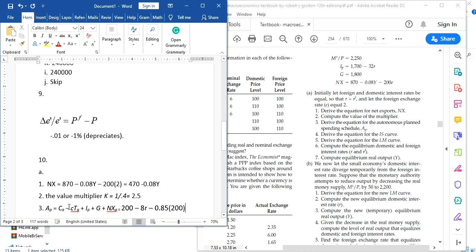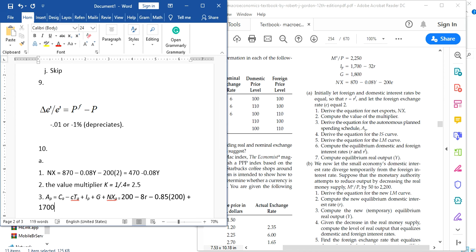We just convert the equation to numbers. Plus 1700 minus 32R plus 1800 plus 470, which equals, by deducting the negatives from the positives and combining all of them, 4000 minus 40R.